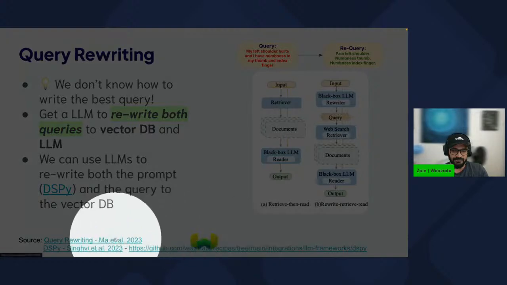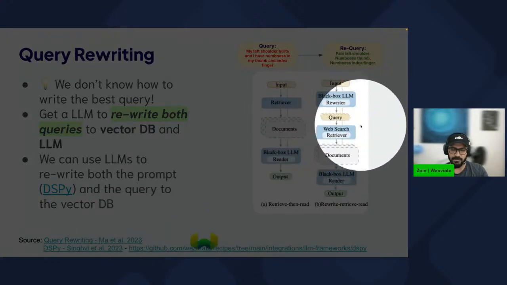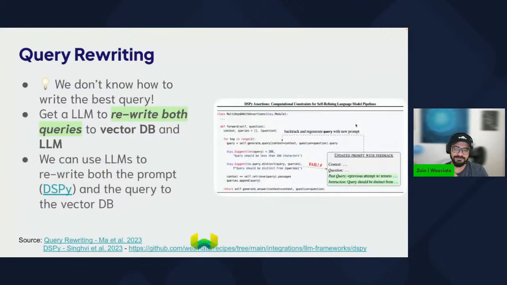If you look into this resource, they actually have code for this language model query rewriter as well that you can use. And then the other piece, rewriting queries for your language model. So there's different frameworks out there, but this is one of my personal favorites. DSPy is a framework that allows you to define the input and the output, a way to measure how well the prompt is working.